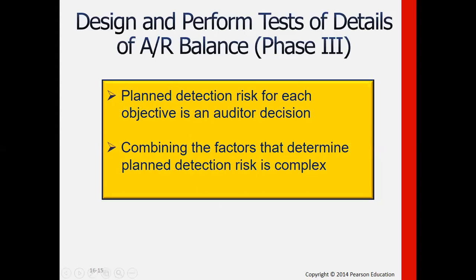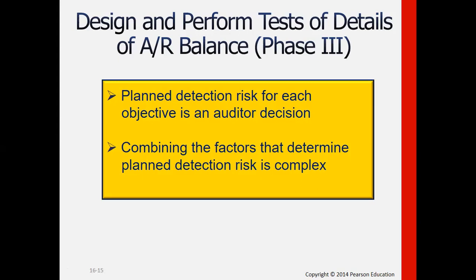Next to that would be the TDB in phase 3. We have to take note that detection risk is the residual risk in the audit risk model after inherent risk and control risk. So that is a matter of the auditor's decision, but based, of course, on the given inherent risk and control risk, and combining those factors with the audit risk model.